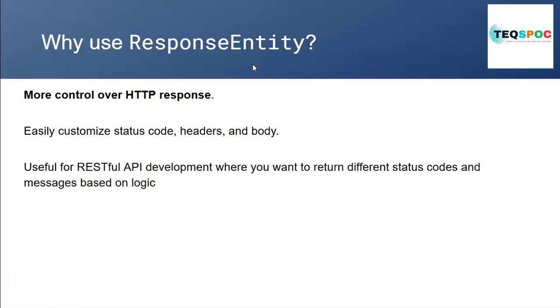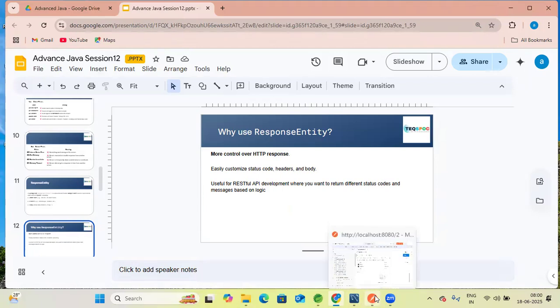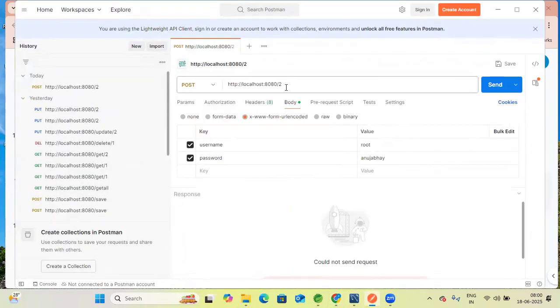So why are we using ResponseEntity? Because it gives more control over the HTTP response, and we can easily customize the status, headers and body. It is useful for REST API development where you want to return different status codes and messages. Basically, if you want to customize the message, you can send it with the help of ResponseEntity.